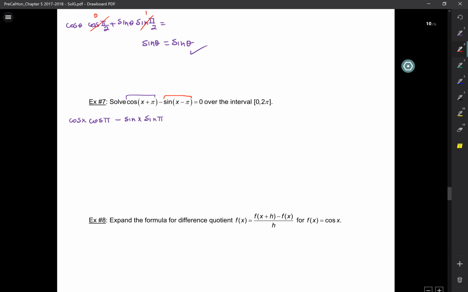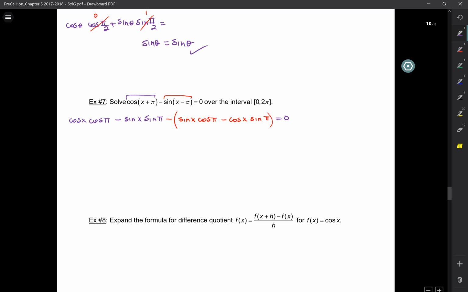There is a minus there, and then we got to put parentheses. Please don't forget that. It's make or break, okay? And now I have sine, cosine, minus or plus, minus cosine, sine. And that equals 0.